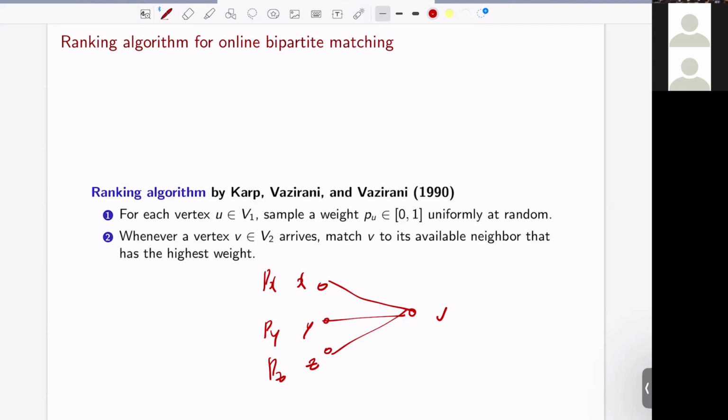So this is a randomized algorithm because these weights and priorities are chosen randomly. But once you decide on these random weights, the algorithm is deterministic in the sense that you just look at the neighbors and choose the one with the highest value.